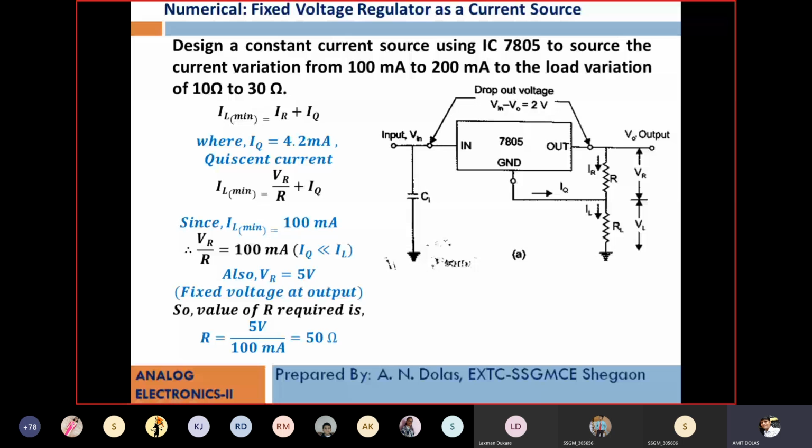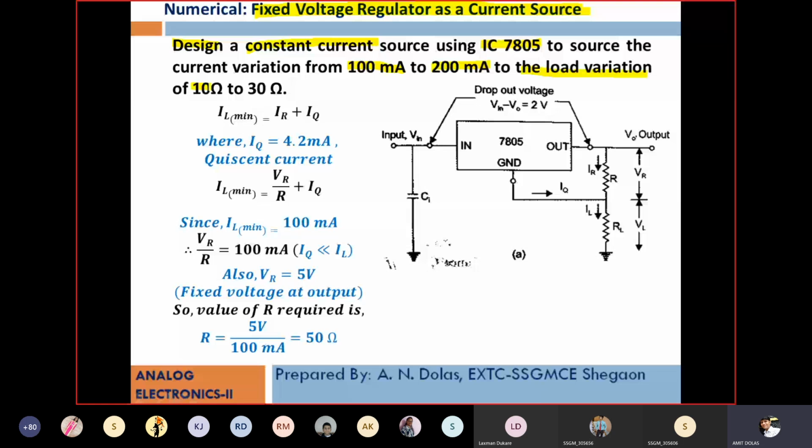So fixed voltage regulator means it is of course the 78/79 series. Here the numerical is: design a constant current source using IC 7805 to source current variation from 100 milliampere to 200 milliampere to the load variation of 10 ohm to 30 ohm.